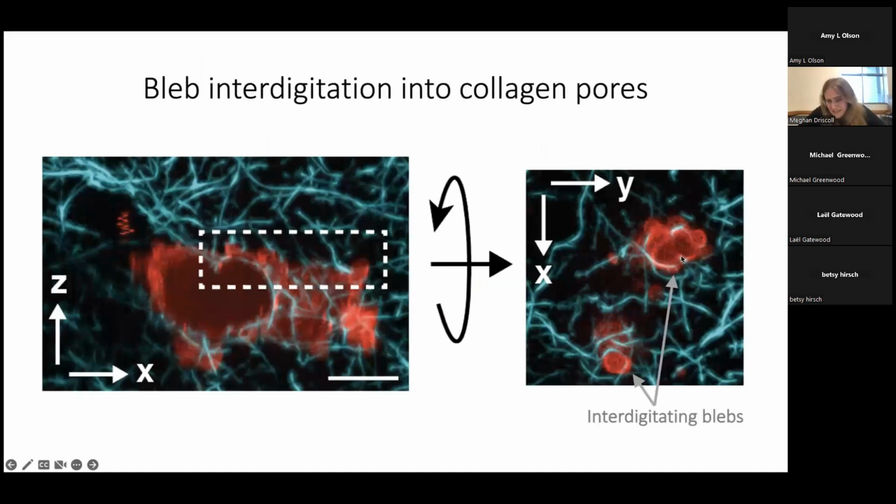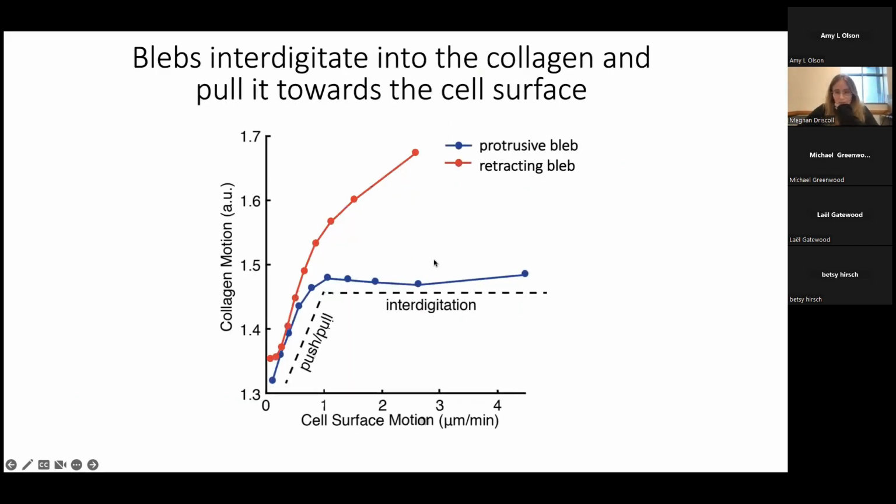And we can indeed see interdigitating blebs. Right? These are blebs that are finding their way into the collagen. But surprisingly, when we looked at retracting blebs, if blebs simply stuck their fingers into the collagen and then pulled their fingers back out, these red and blue lines should overlap, but they don't, right?